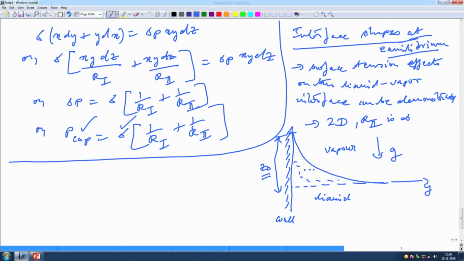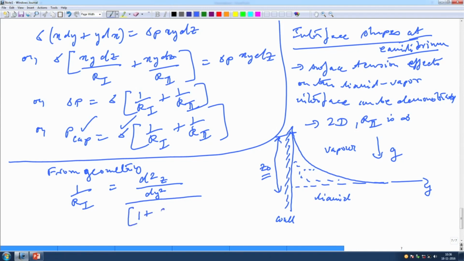Okay. So, let us look at that from geometry. 1 by R1, that is the single radius of curvature, is given by this standard expression.